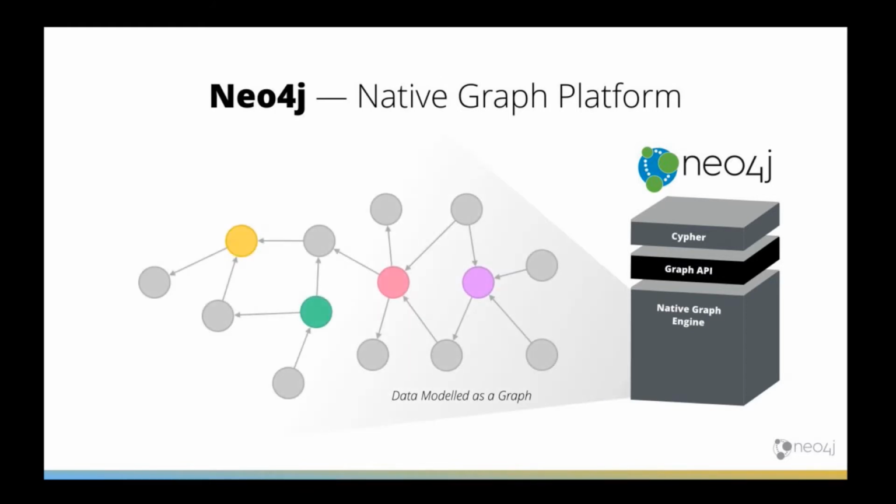All of your data is modeled and stored as a graph in the native graph engine. And this means that you have nodes and you have relationships. And you also have properties on those nodes and relationships. And that's why this is called the property graph. And we'll talk about that.